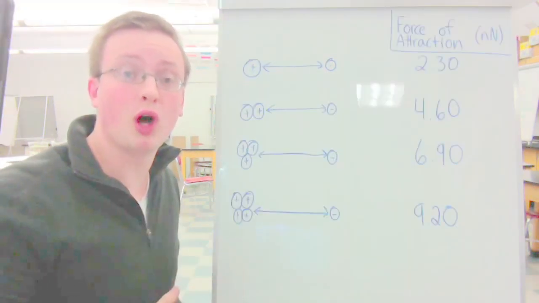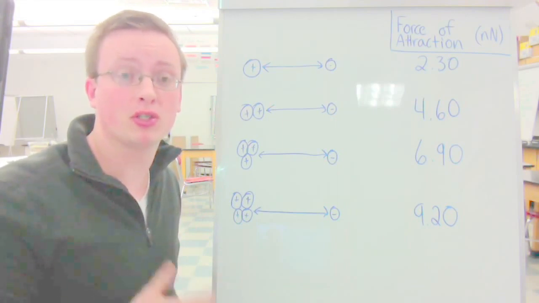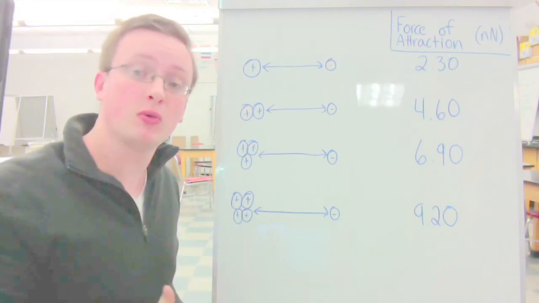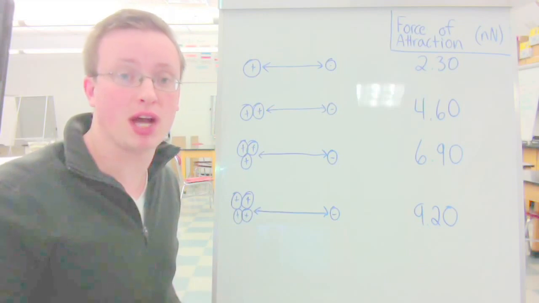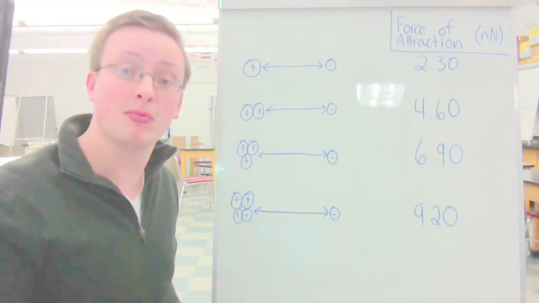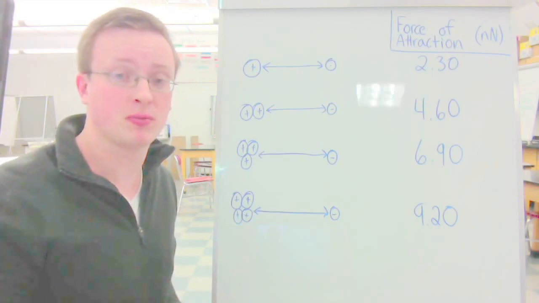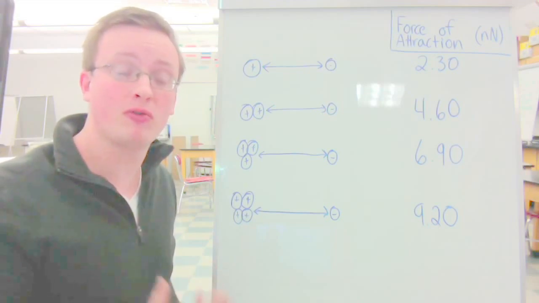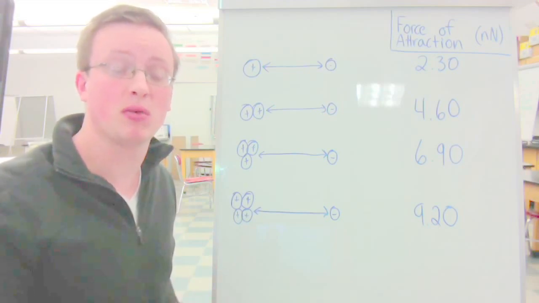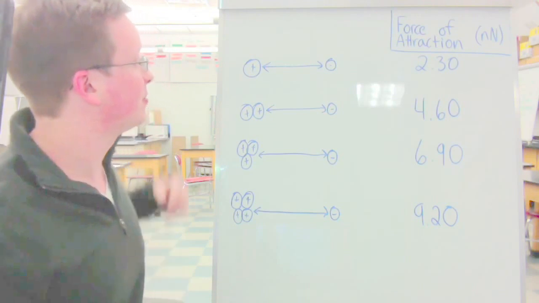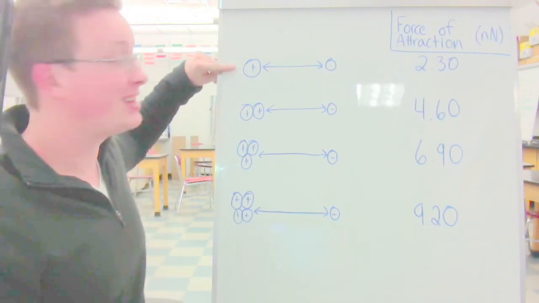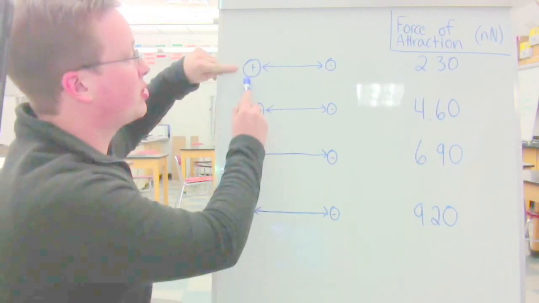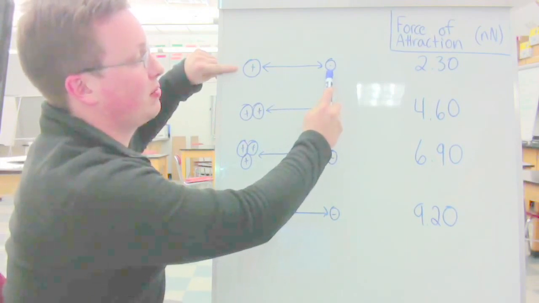Distance is only one way that Coulombic force can change. Another way to change the force of attraction is by changing the number of charges. Let's look at how the force changes when we change the number of protons. If you look up here, in this first row, we have one proton and one electron.